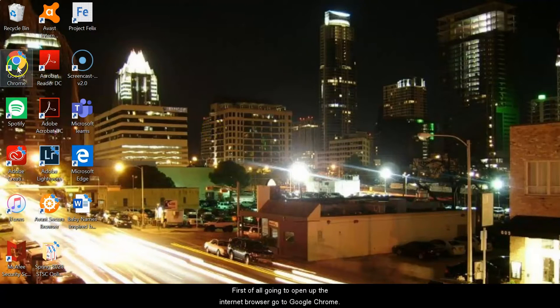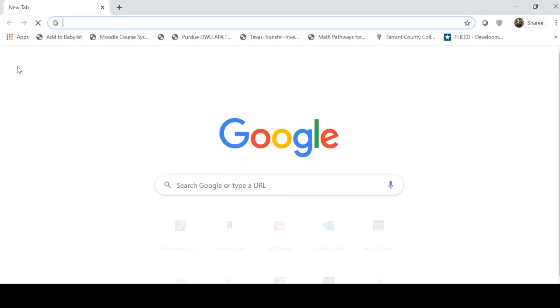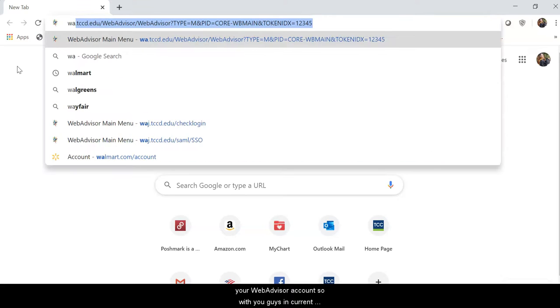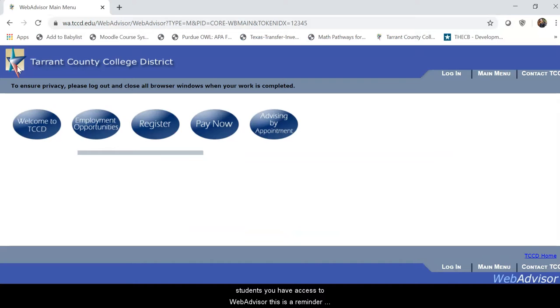First of all, you're going to open up your internet browser, go to Google Chrome, and then from your end, you can access the information from your Web Advisor account. With you guys being current students, you have access to Web Advisor. Just as a reminder, the website is wa.tccd.edu.